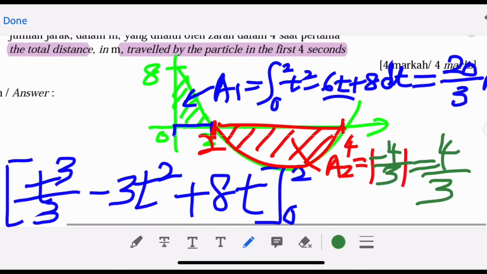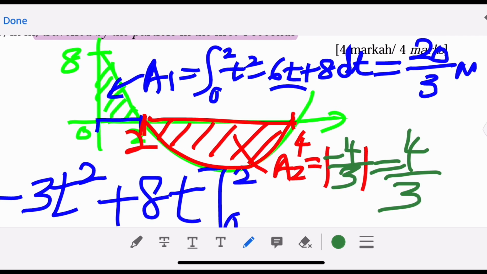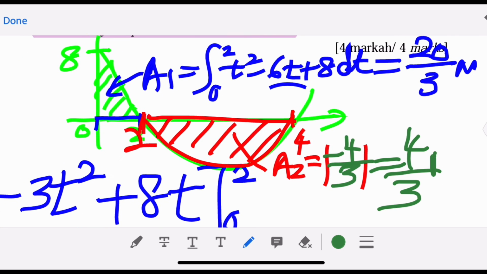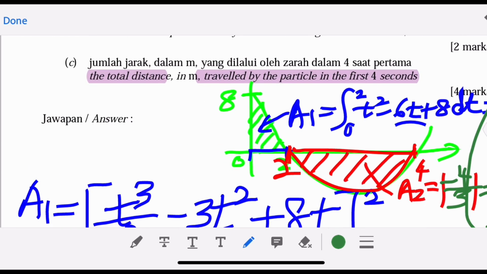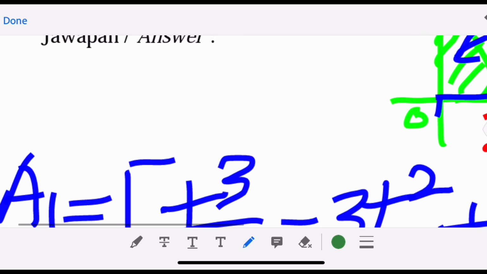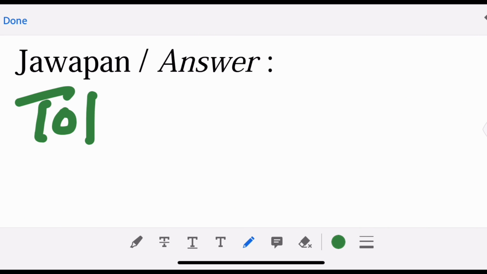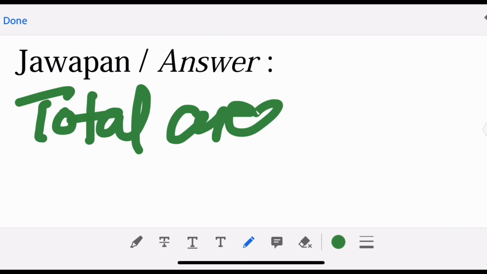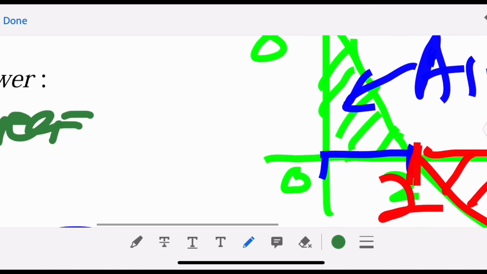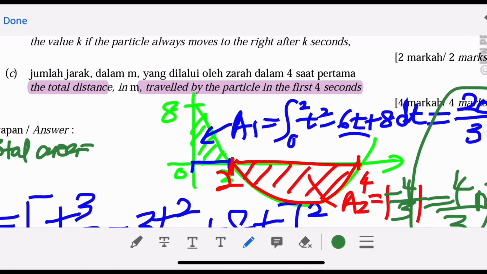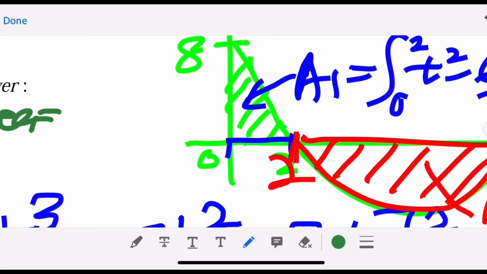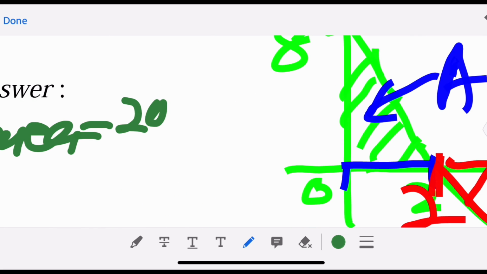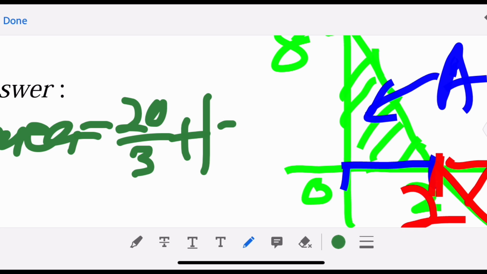So the total area is A1 plus A2. Total area, right? Our answer is 20 over 3 plus 4 over 3, that is 20 over 3 plus the modulus of negative 4 over 3.